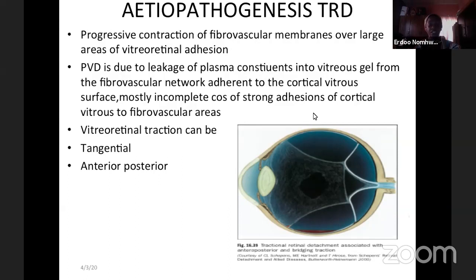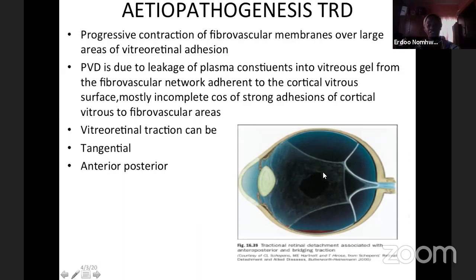So we can see in this diagram here, we have some of the vitreoretinal tractions that you would see. The tangential one is the one that I actually have around the blood vessels, around the arterial arcade, while the anterior posterior vitreoretinal tractions are the ones that extend from the posterior part of the retina up to the anterior part, very close to the ora serrata, if not even anterior to it.